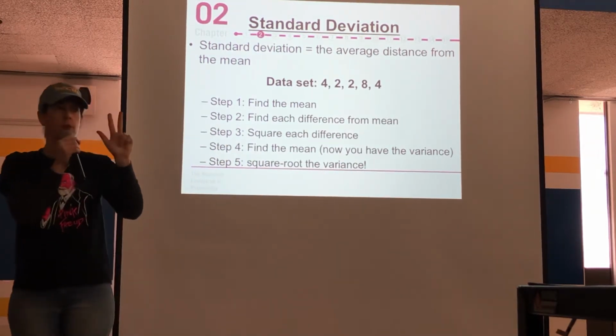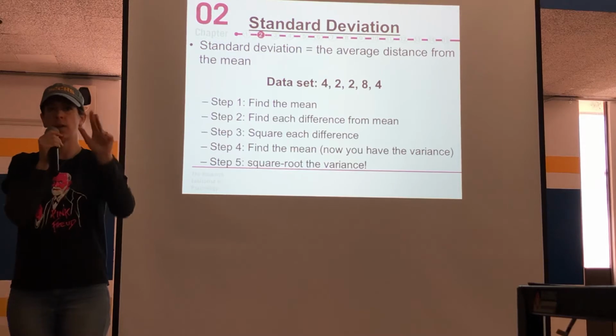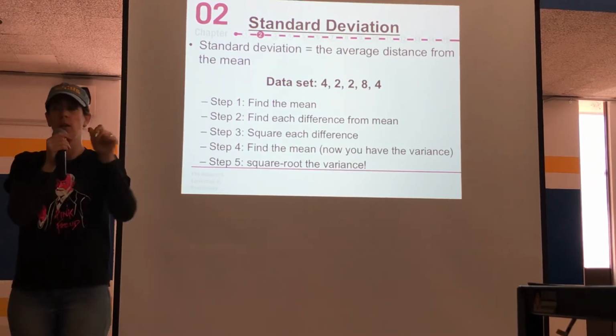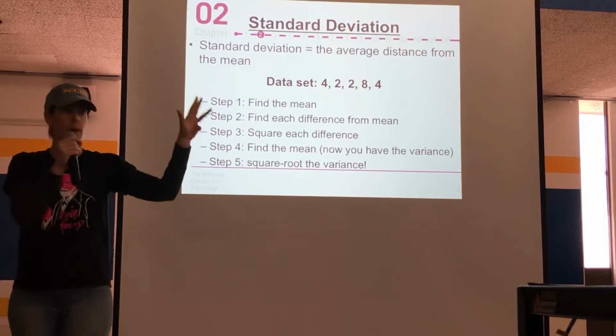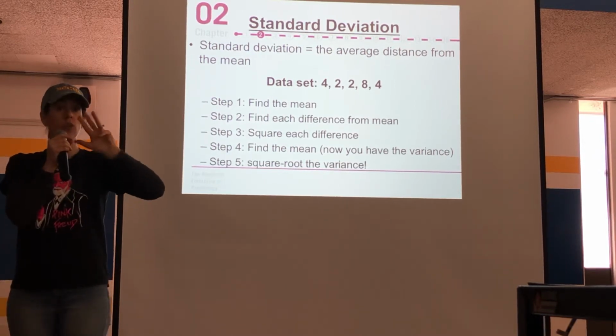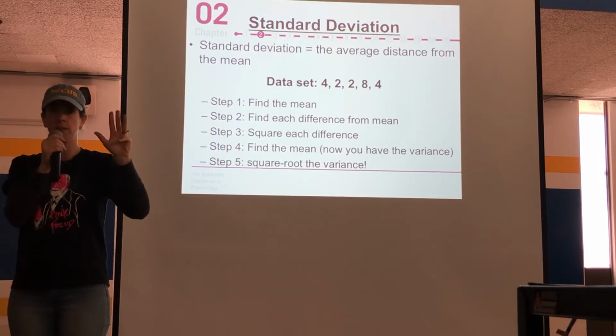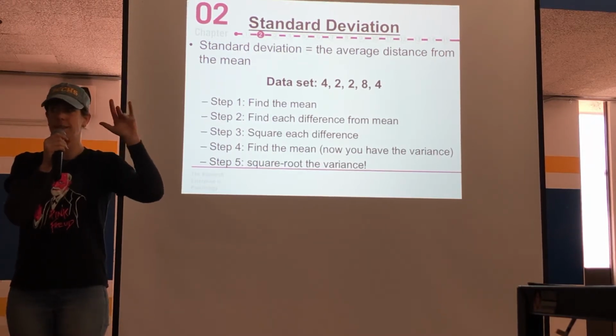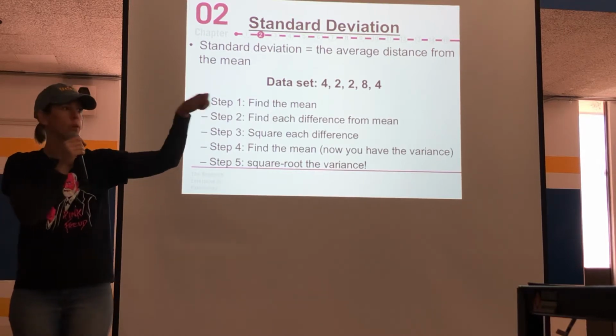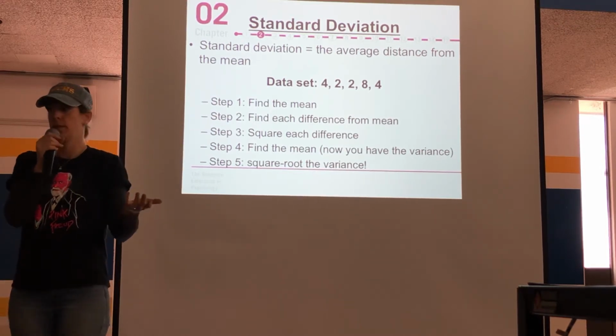Mean dog, square. What's the S? Square. Square each one. Okay? Mean dog, square, mean. Find the mean of what you have now. And what did you just find? Variance, right? And then what do you do to it? You square root it. Roots is root. So you square root it, and that gives you the standard deviation.